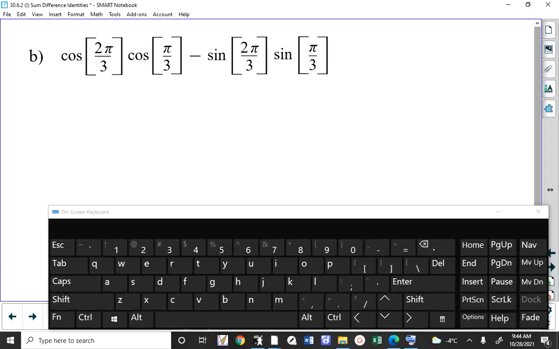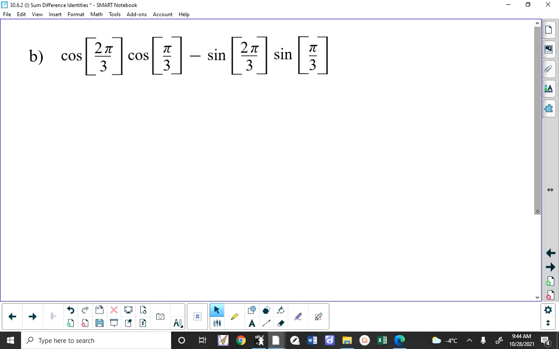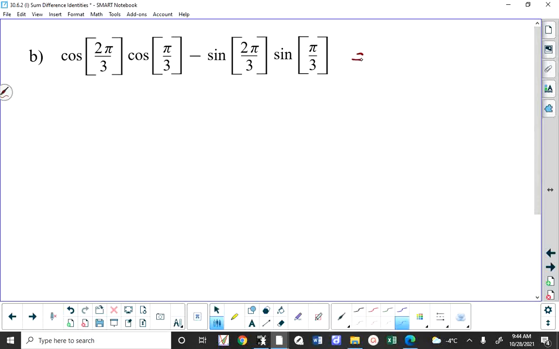So again, that's just because I was in a rush here this morning trying to type this up for our class. So do we see a pattern here that matches an identity that's known to us? Yes. Cosine, cosine, minus sine, sine is equal to cosine of the sum of the angles.